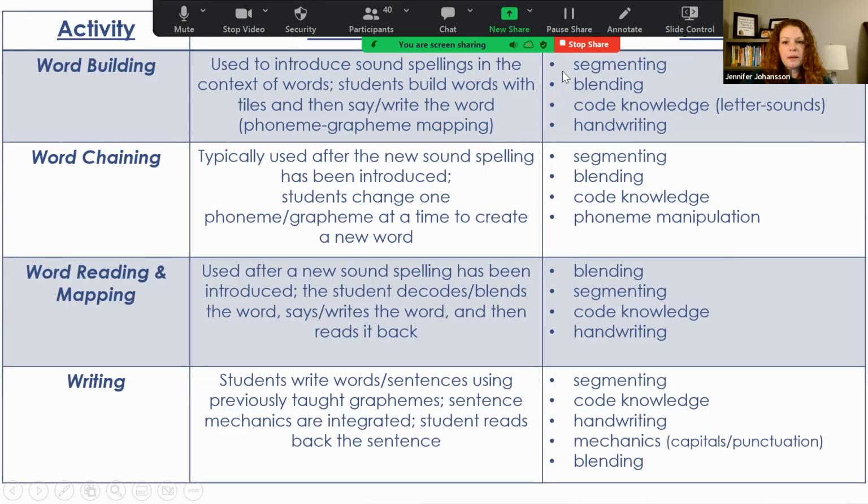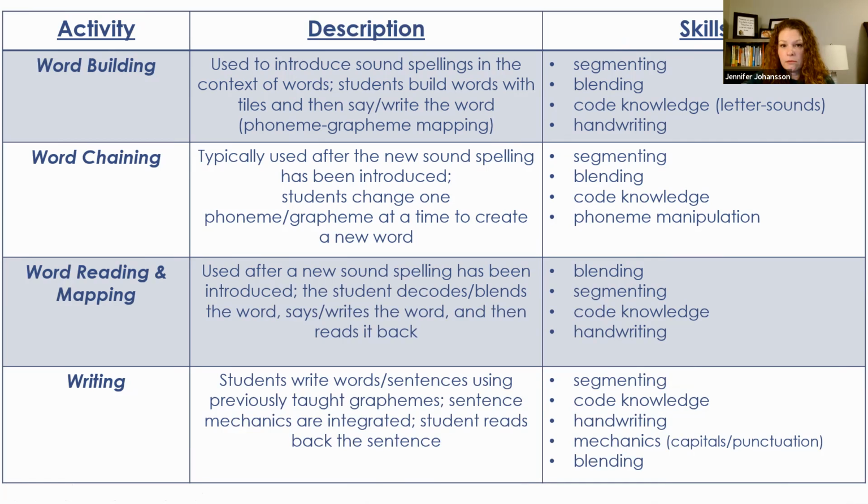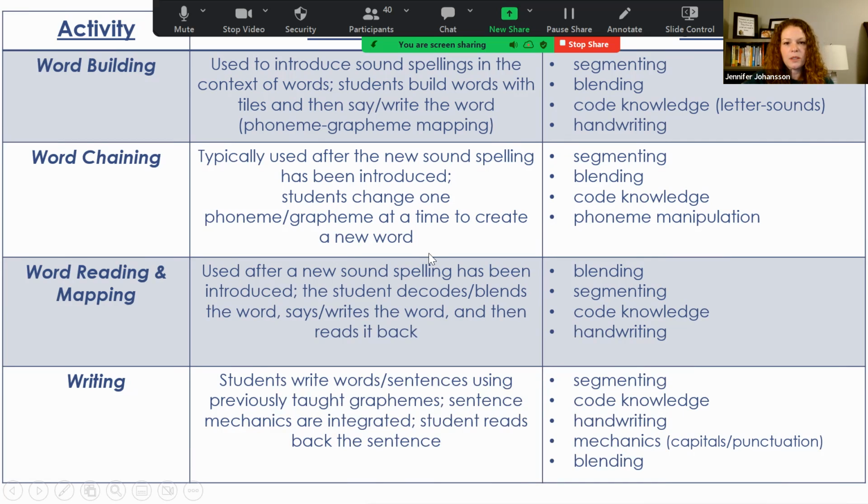The student has to segment, they have to blend, they're using and building code knowledge. They're also looking at handwriting. Not to say that you are going to stop every single time they make one little mistake, but you're reinforcing handwriting. You might correct it right in the moment, or make a little note and go back and correct it later. Depending on the student, you have to make those instructional decisions.